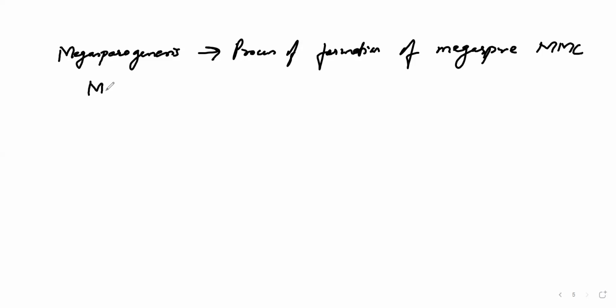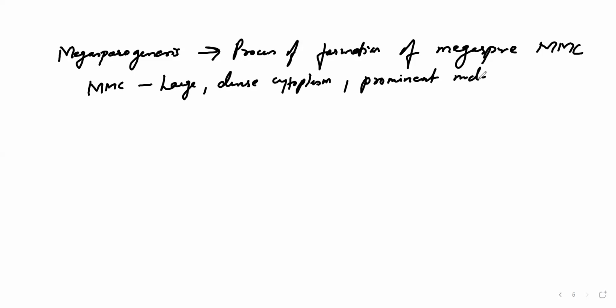So that MMC will be what? It will be large, plus it will be having a dense cytoplasm. Correct? With a prominent nucleus.